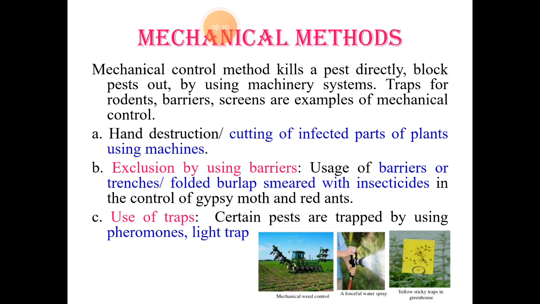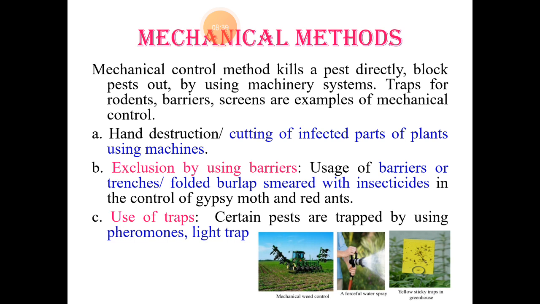Further, to ease our understanding, to cut the infected parts of plants in a given area, we make use of machinery like knives or any iron metal. So these act as a machinery system.